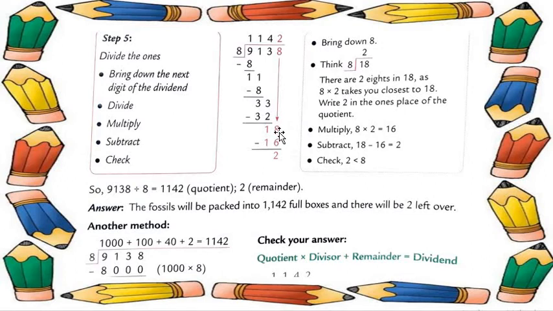Now students, what to do? You think in table number 8, does 18 come or not? You have to decide at that time.